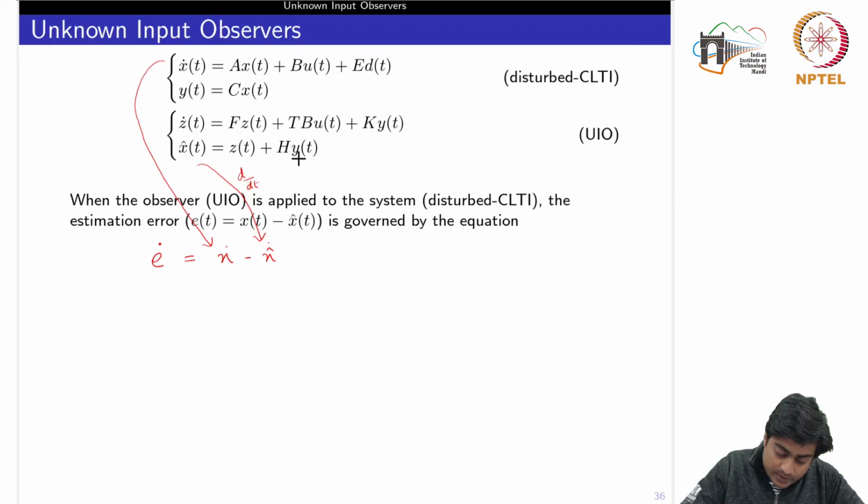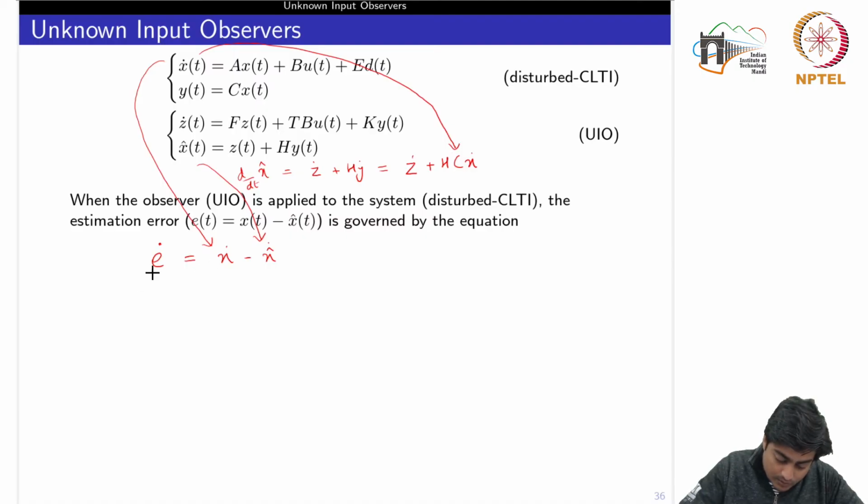In the output equation you will see that the additional term I would get is that x hat dot is equal to z dot plus H y dot. Since y is equal to Cx, I can replace y dot by C x dot. Then again I can substitute x dot here.